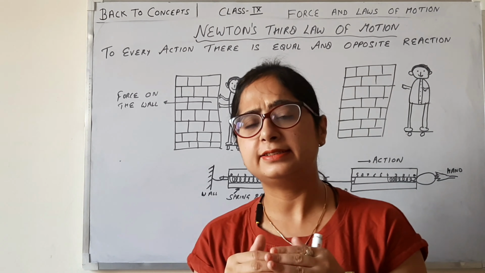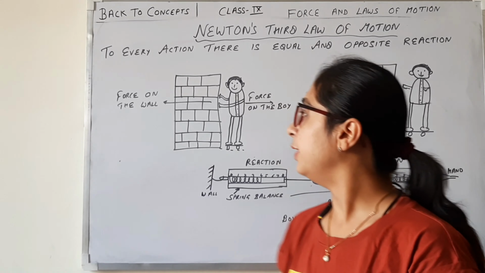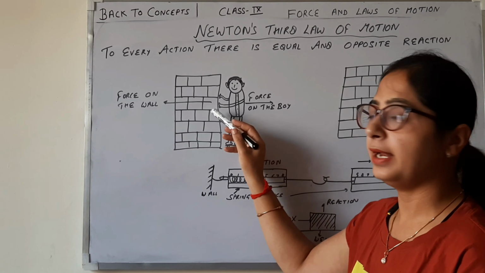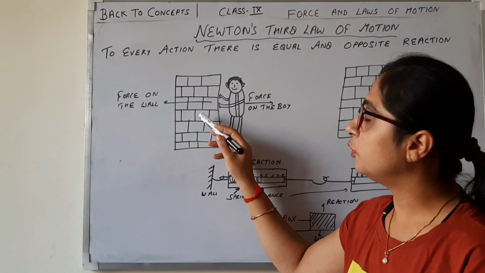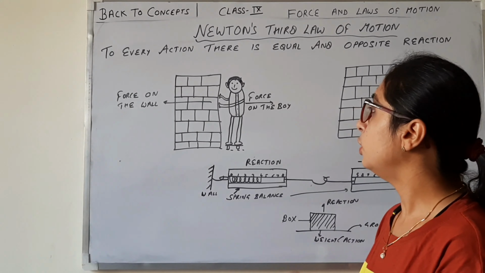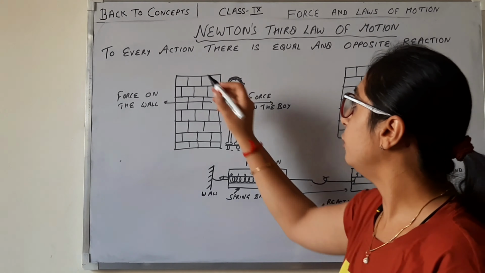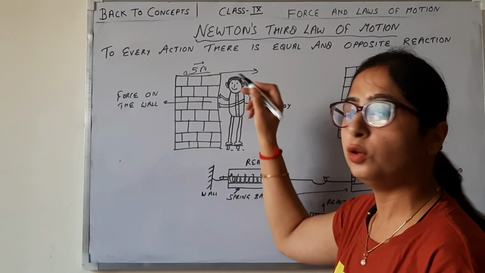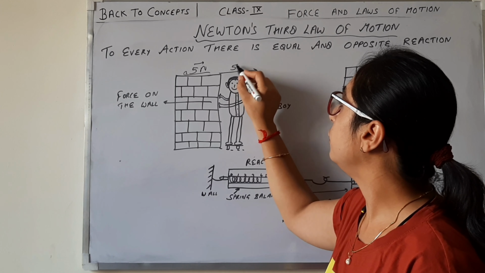When this force is applied, the wall also applies that much force. So if 5 Newton force is applied by the boy on the wall, the wall also exerts 5 Newton force.